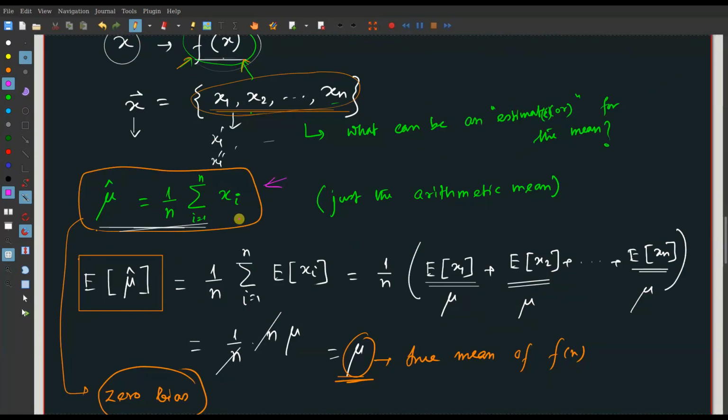Okay. Now comes the important bit. Remember, my original problem was that one person comes with these measurements, x1, x2, and so on up to xn, and that person asks you, "Hey, give me a guess for the mean. Give me an estimate for the mean."